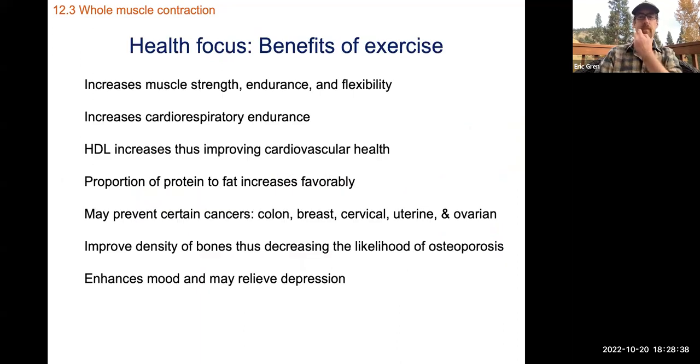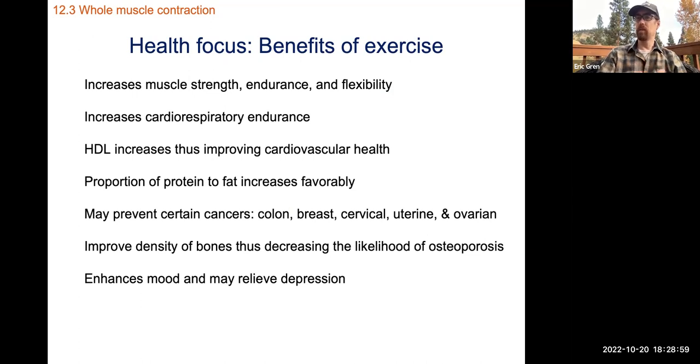So as we start to wrap up, we'll look at some of the health implications that you should be aware of in terms of the muscle system. The more we exercise our muscles, obviously, we're increasing their strength.